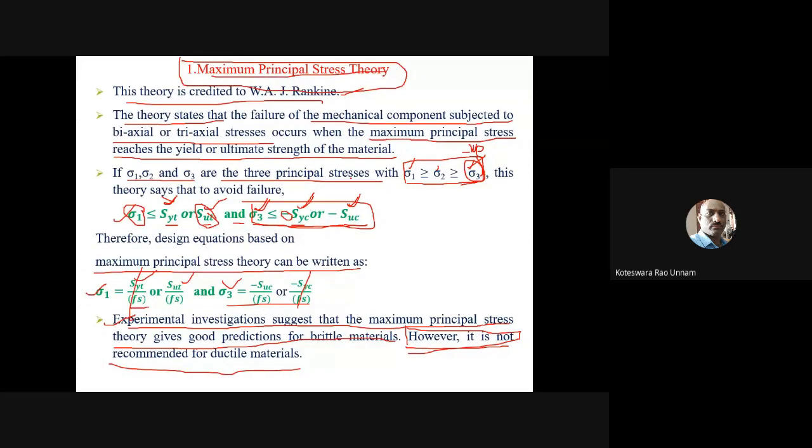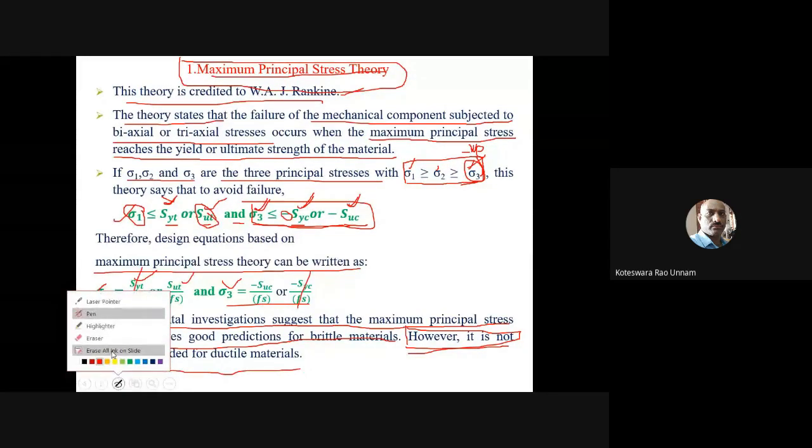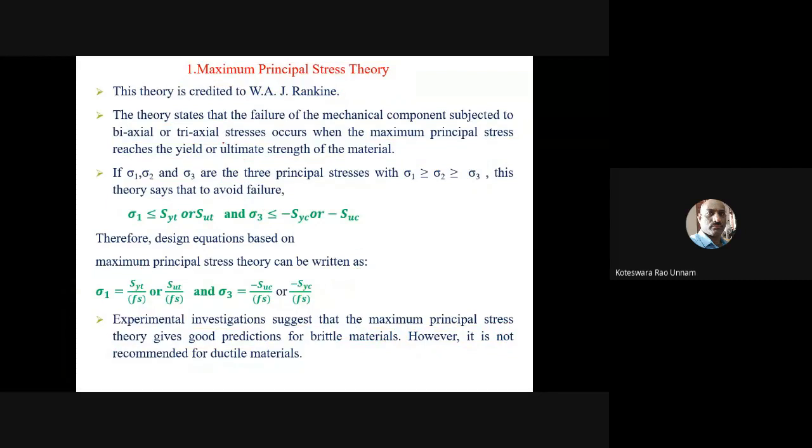So only in the case of brittle materials is this theory predicting the failure properly. Therefore, always remember this point: whenever you want to use the maximum principal stress theory, or maximum normal stress theory, or Rankine theory, make sure you apply it only for brittle materials.